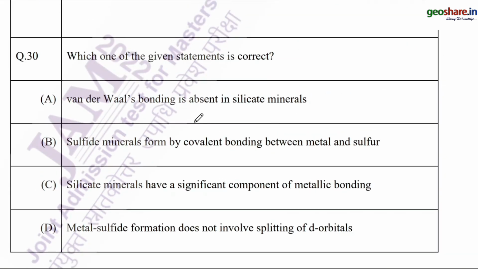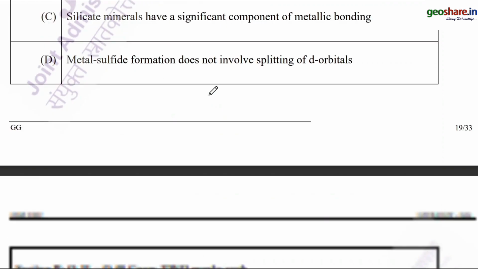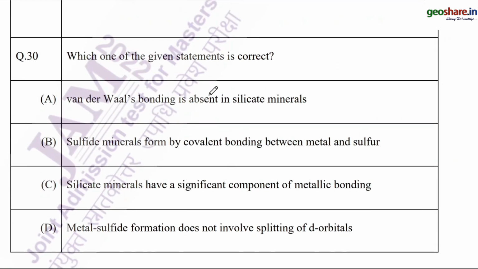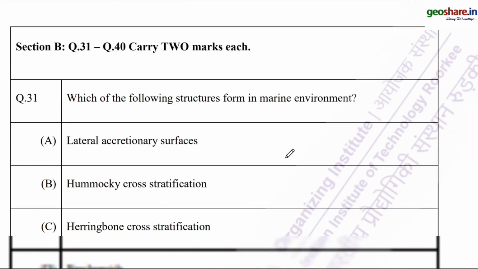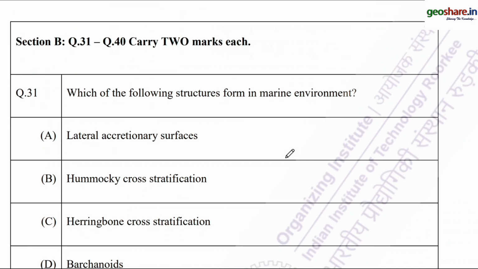Which of the given statements is correct? Sulfide minerals form by covalent bonding between metal and sulfur. Which one of the following structures forms in marine environment?